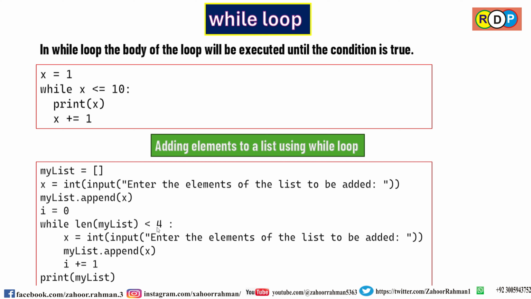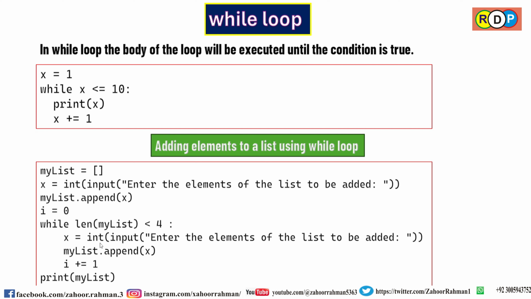Because I want to add only 4 elements inside this, so I am saying that less than 4. So the length of my list in this case will be 1, because one item is added, and that is due to this particular statement. So 1 is less than 4, it is true.